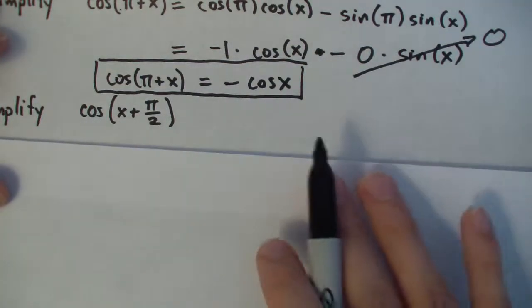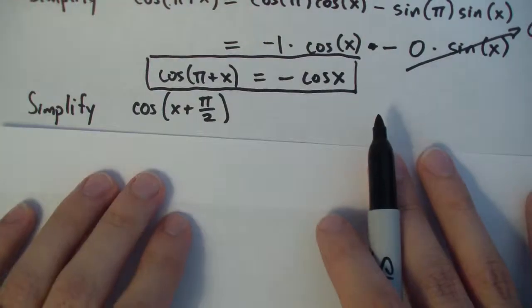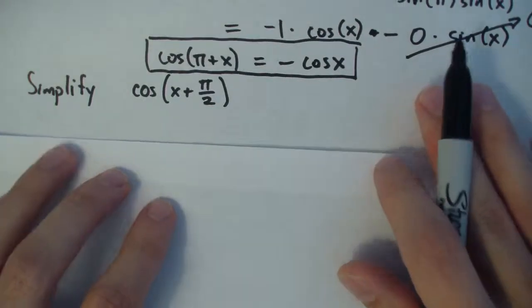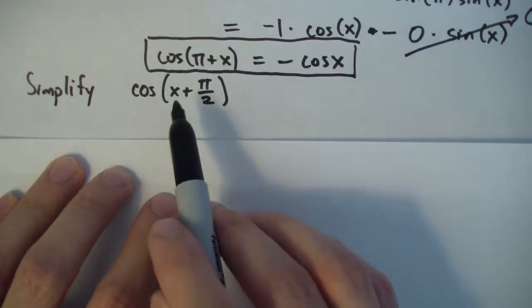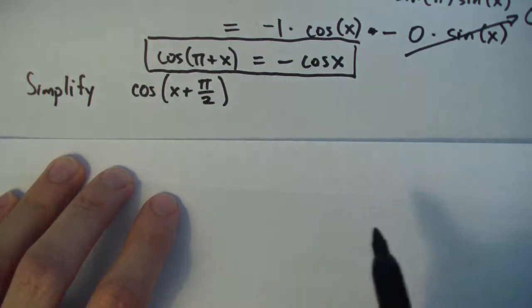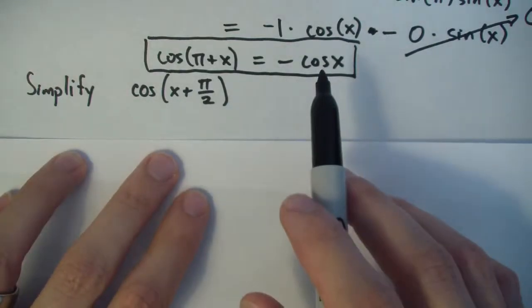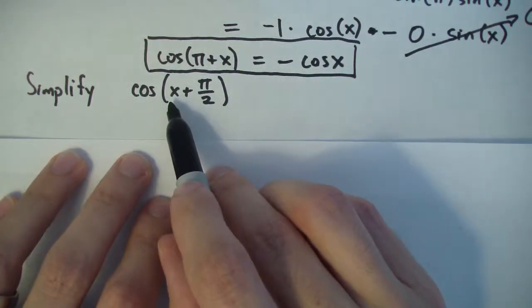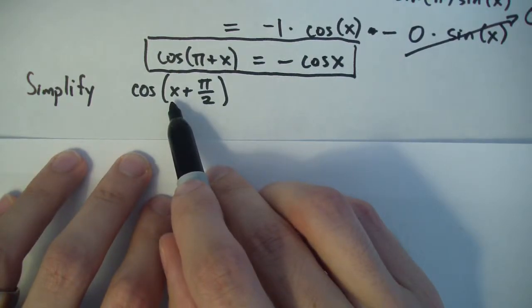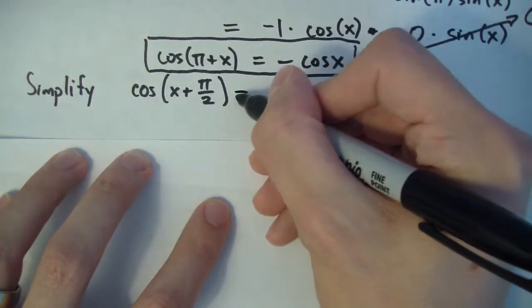So let's do one more example, just like what we just did. Now we're going to simplify cosine of x plus pi over 2. And again, we can just use the same pattern that we just used in the previous example. So we can just expand using our sum formula.